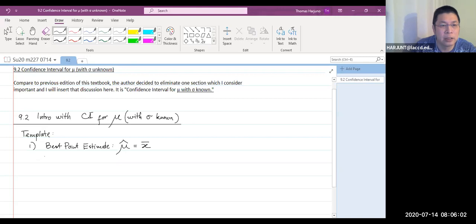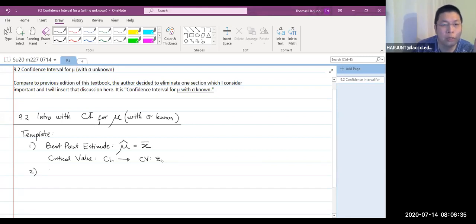And then the second part of step 1 is the critical value. From the confidence level provided in the question, we will get the critical value, which is Z critical. This is something we learned last Thursday.